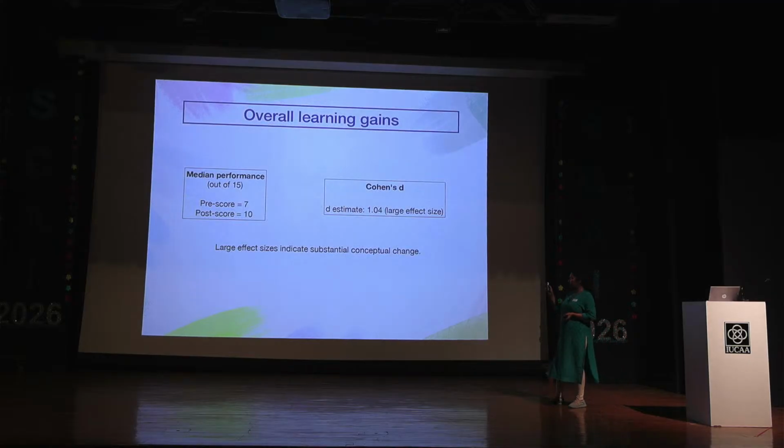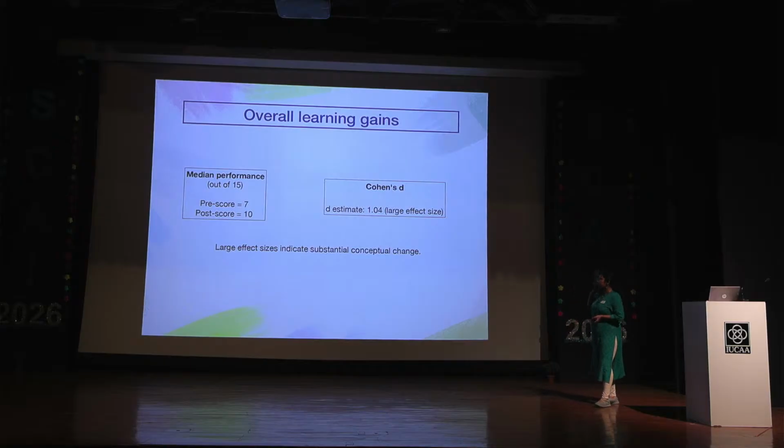So overall, if we give 1 mark to each question, out of 15, the pre-survey score was 7. So less than half correct answers were given by a typical teacher. And the post score is 10. So the learning gain, if you measure it in statistical terms, is pretty large. So the D estimate is 1, which is a large effect size.